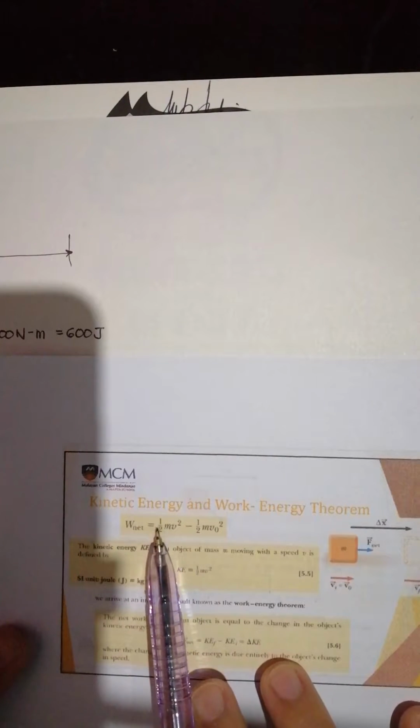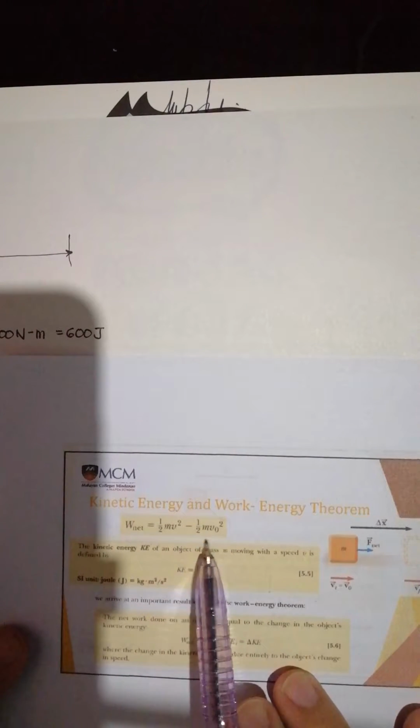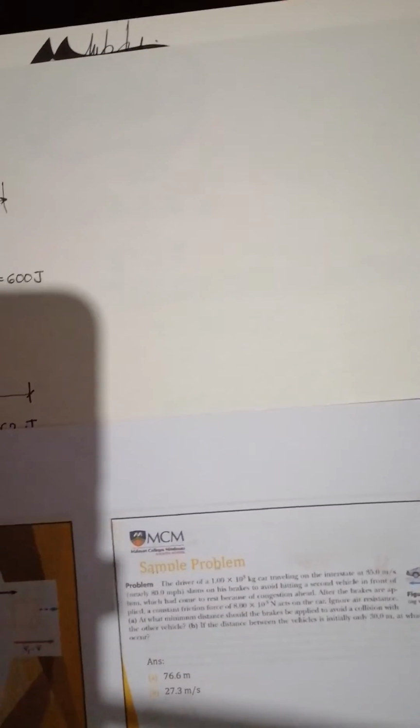So you see the net work is the final kinetic energy at the final point minus the kinetic energy at the initial point. Okay, so let's have an example regarding kinetic energy and the work energy theorem.